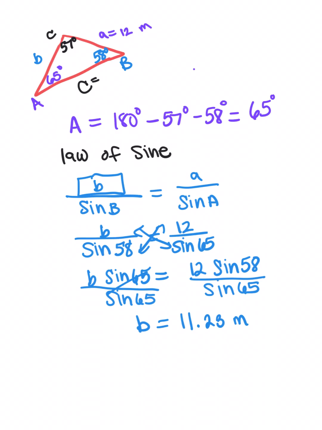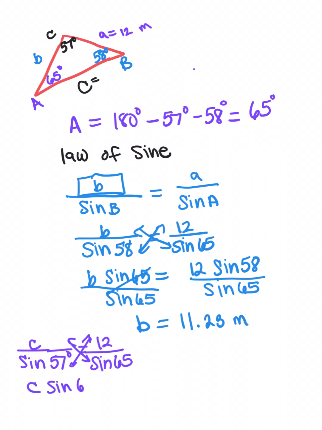And now to find side C, we're going to do the same thing. C over sine of C, which is 57 degrees, is equal to 12 over sine of 65. That was my information for side A and angle A. Cross multiply, I'm using law of sine again, so that's C times sine of 65 degrees is equal to 12 times sine of 57 degrees.